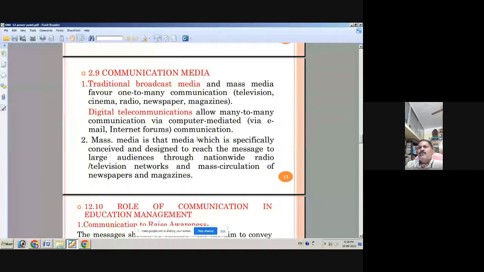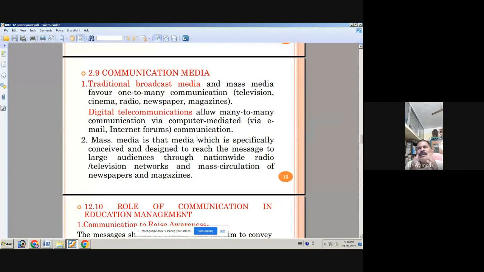There is the mass media, you know, where we are appealing to the masses. Here the media is that which is specifically conceived and designed to reach a large audience nationwide. It may be radio, or television networks, or a mass circulation newspaper.